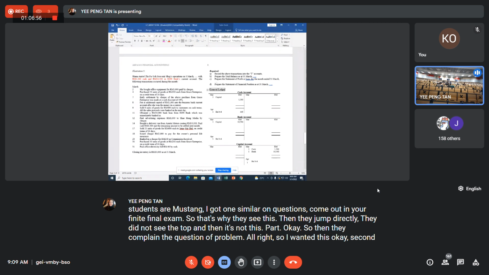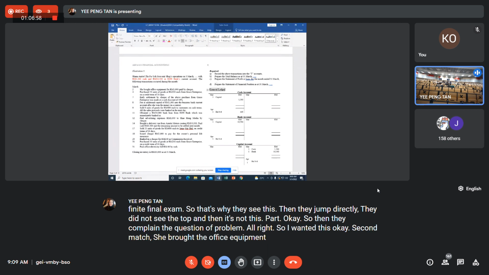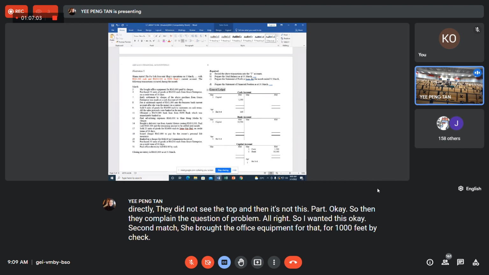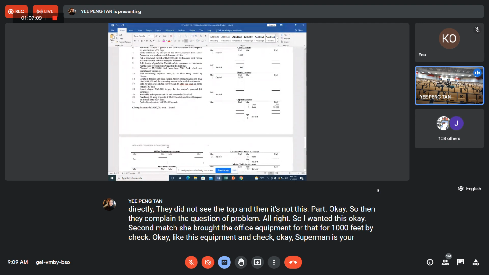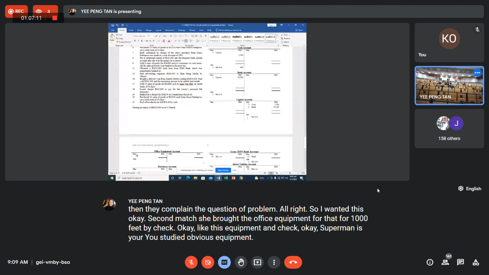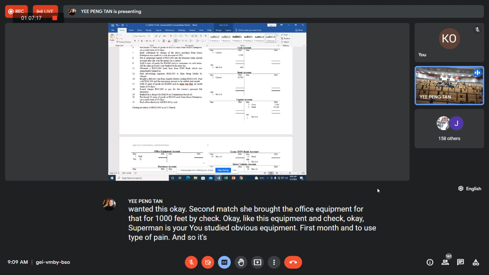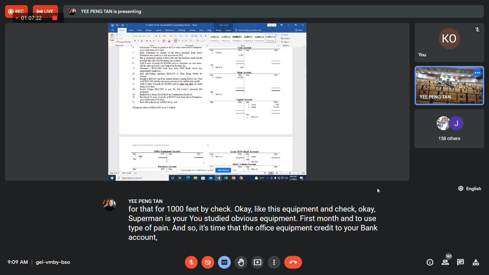Okay, 2nd March, she bought office equipment for 1,000 paid by check. Office equipment is debit. You debit your office equipment on 1st March here, and you use check to pay. So it's bank: debit office equipment, credit to your bank account. How much? 1,000.